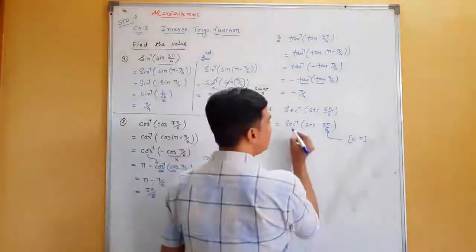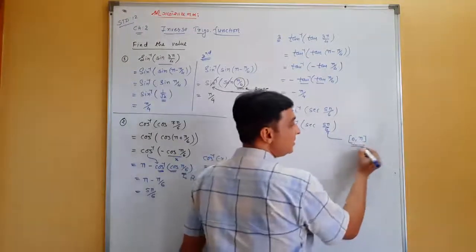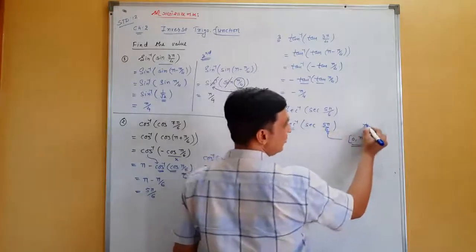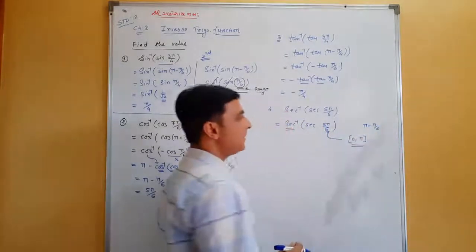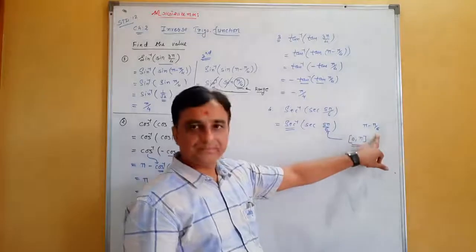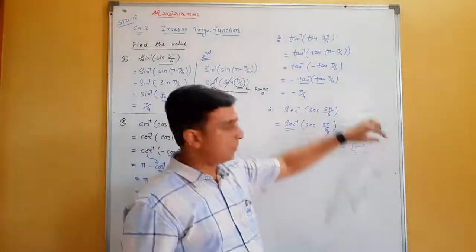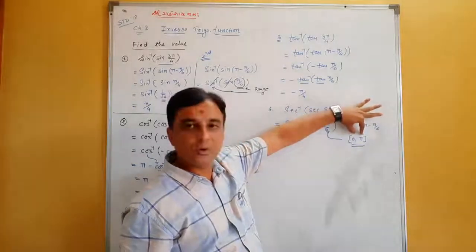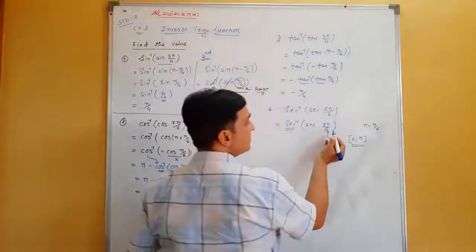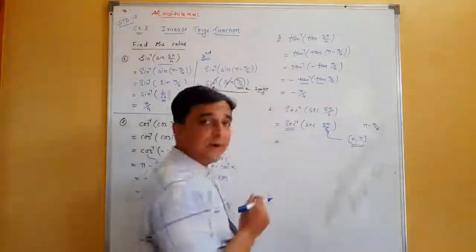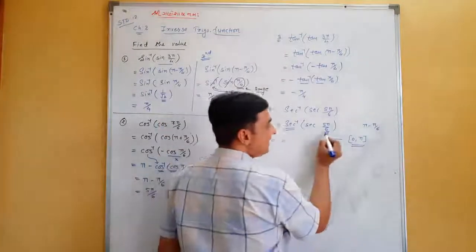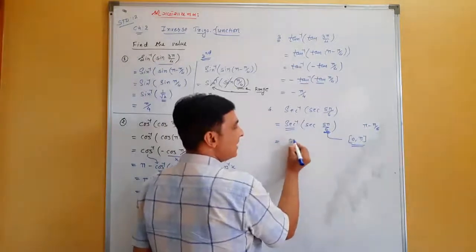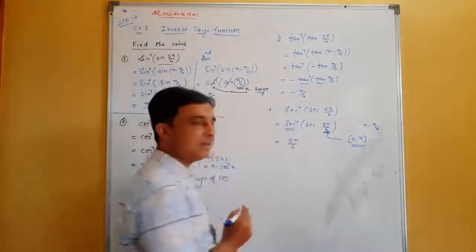And what is the range of sec inverse? 0 to pi. 5 pi by 6 is equal to pi minus pi by 6, that means it's less than pi and greater than 0. That means we don't have to simplify it, because 5 pi by 6 is directly in the range of sec inverse. The answer is directly 5 pi by 6.